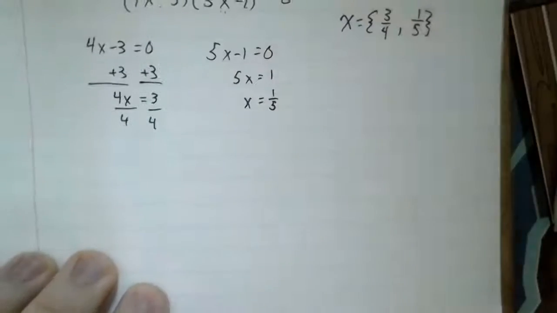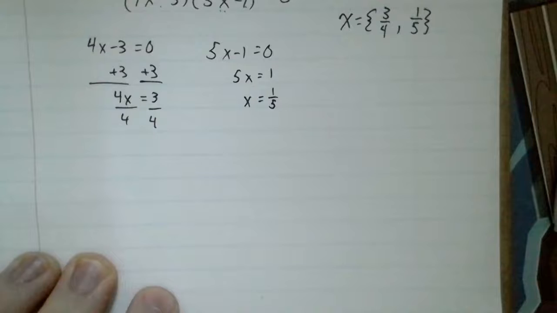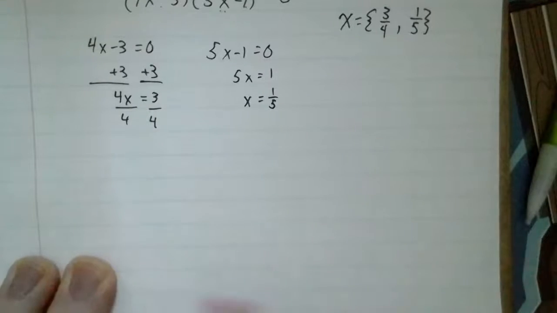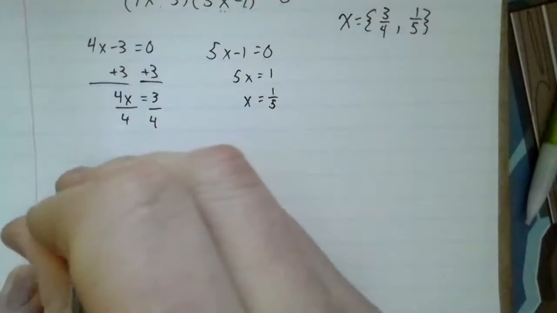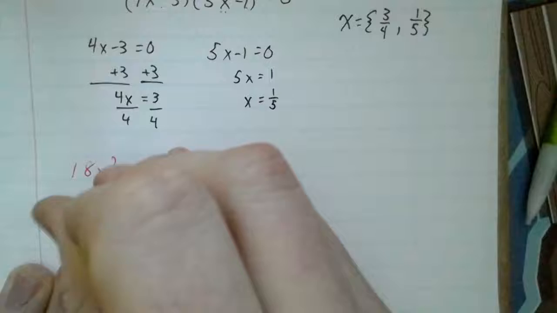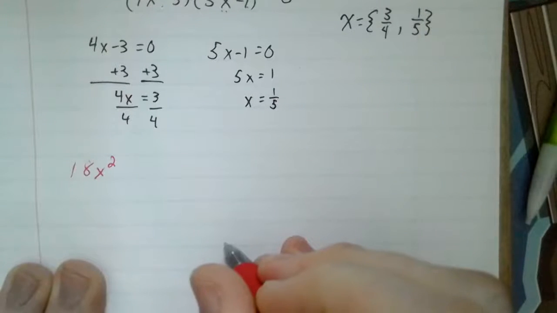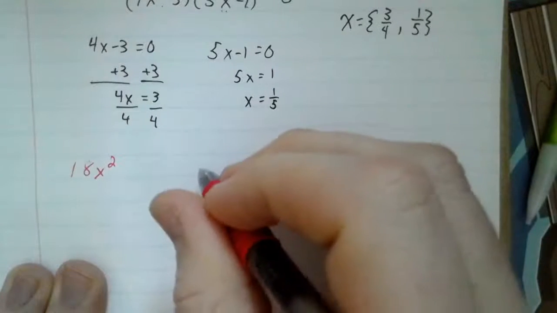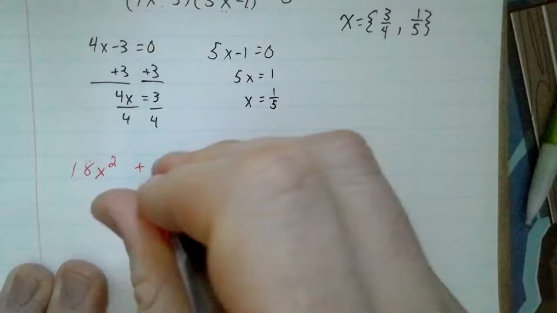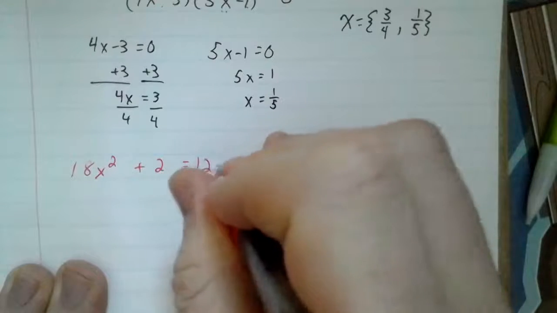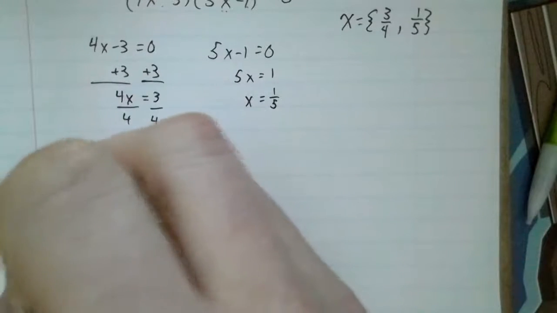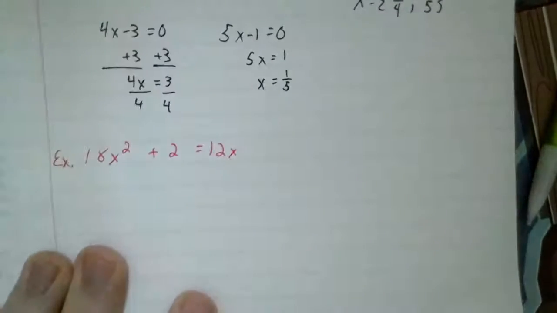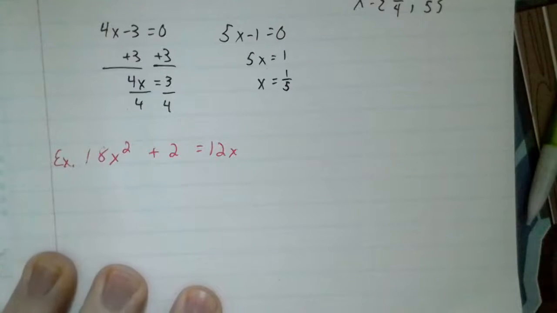We're going to look at one that's just a little bit more complicated. Not too bad. We're going to do example 2, 18x squared plus 2 equals 12x. So again, first thing, it's got to equal 0.